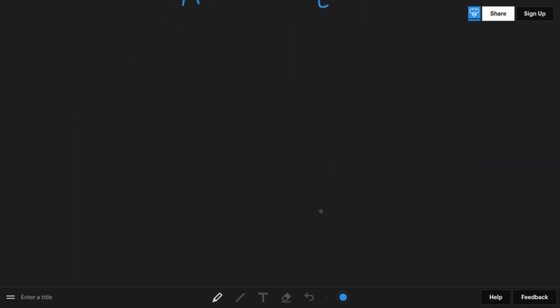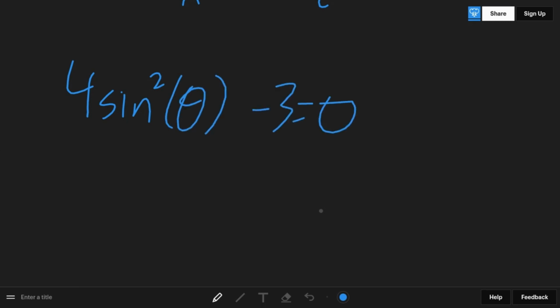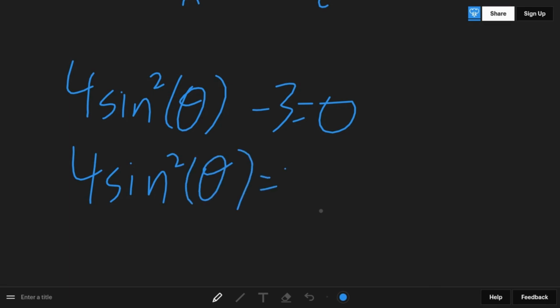So say I have the problem 4 sine squared theta minus 3 equals 0. Since I want to solve for theta, first I'll add 3 to both sides. That gives me 3.